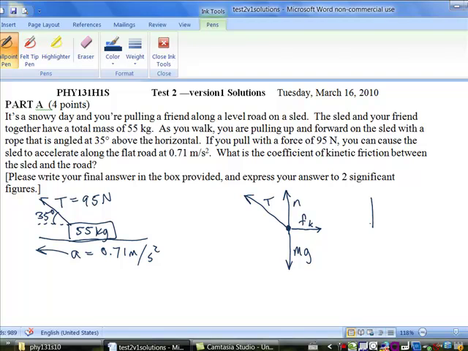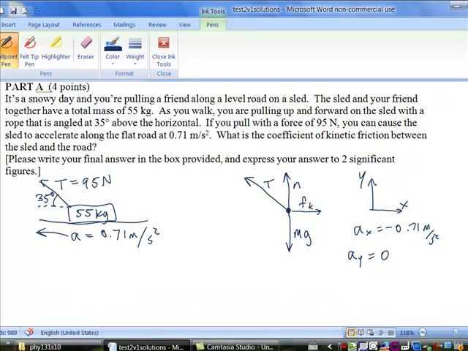So I am going to draw my x and y axes like this. y going up, x going to the left. And then we'll know that a sub x equals negative the 0.71 meters per second squared, and a sub y equals 0 because the cart's not accelerating up or down.